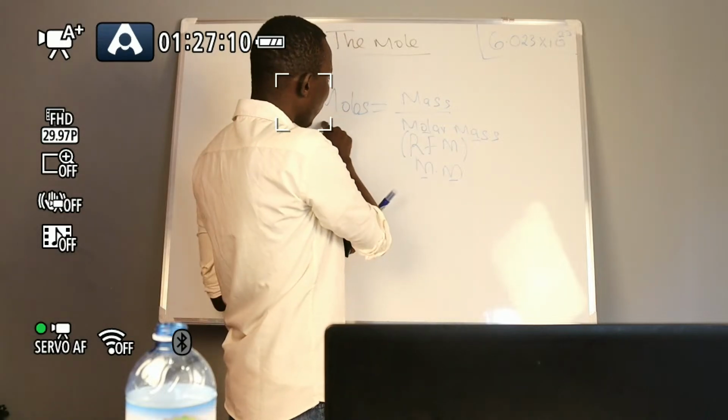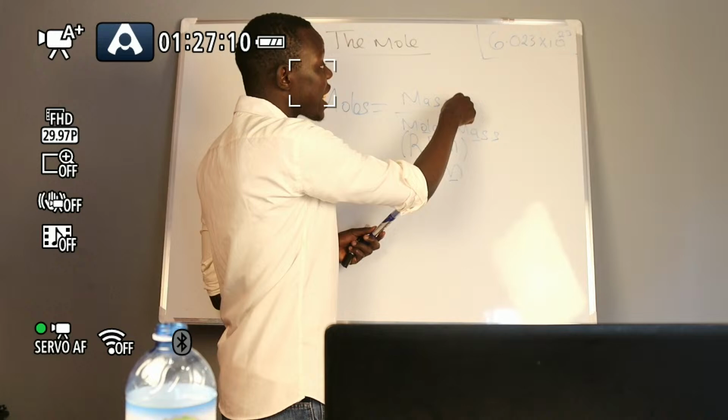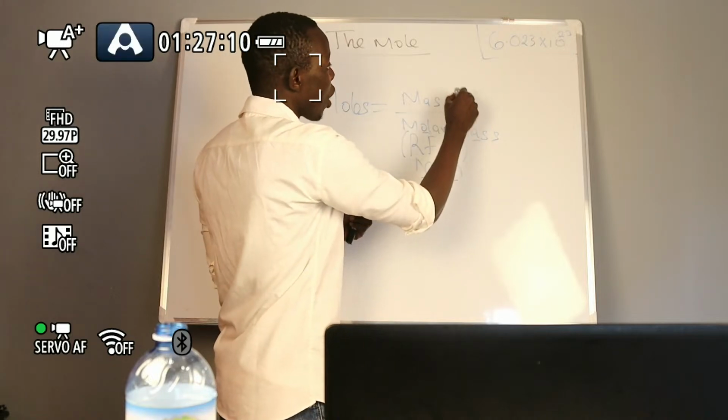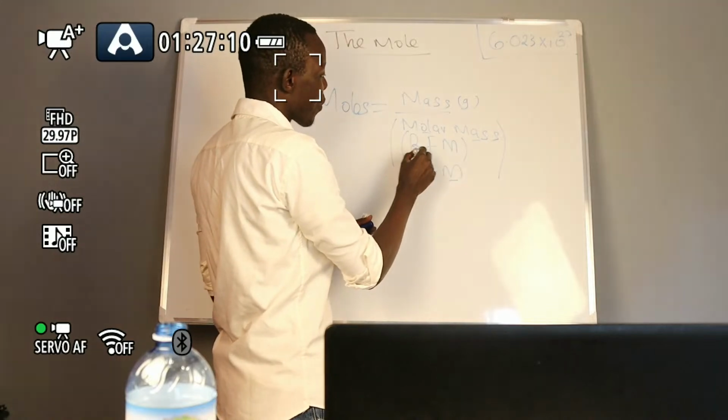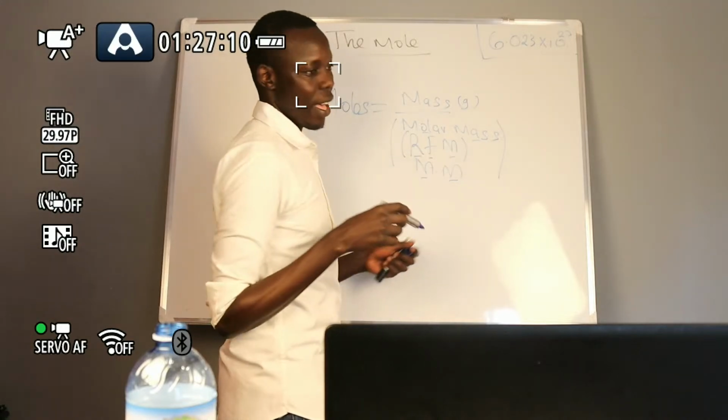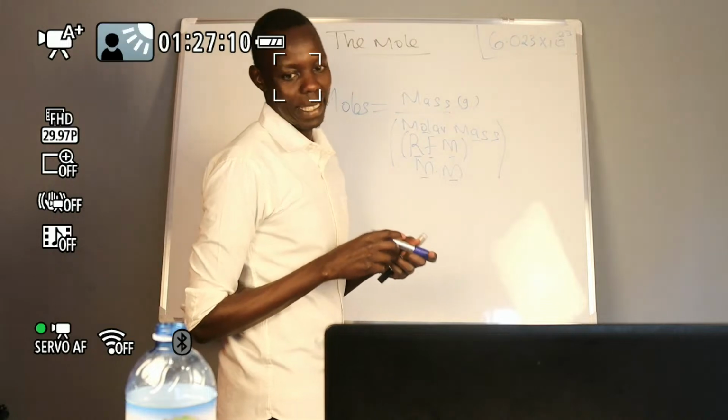So to calculate the number of moles, you need the mass in grams over either the molar mass, the relative formula mass, or the molecular mass.